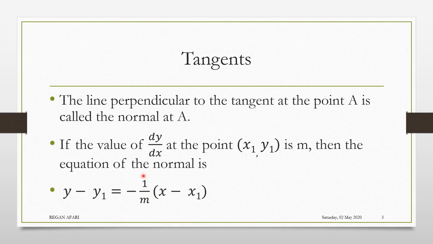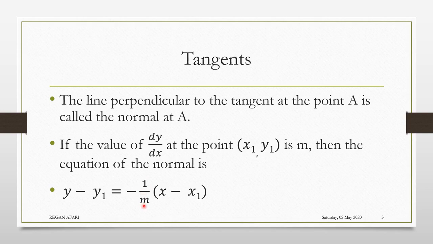If you have watched the video on tangents, you would see that what we have there is m, and what we have for normals is -1 over m.